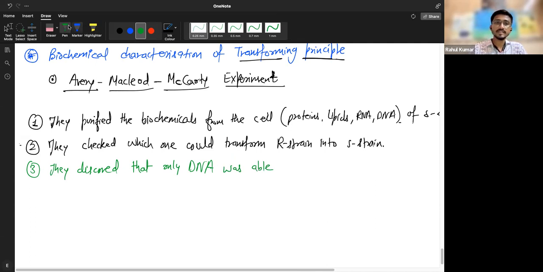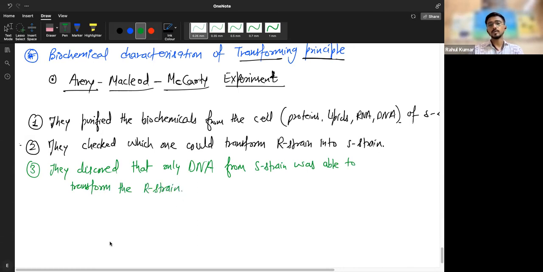Only DNA from the S strain. Let's write it. Only DNA from the S strain was able to transform the R strain into S strain. Is it clear?